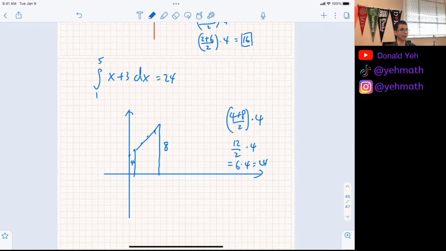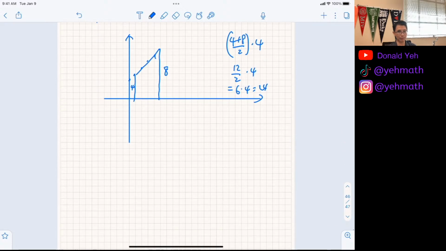You need to know this in high school. I teach my 3rd grade kids outside the school how to find the area of a trapezoid. You have to be able to do it. It's not that hard. The trapezoid rule: base 1 plus base 2, divided by 2, times the height. The height is the width right here. So that's how you find the area of a trapezoid.